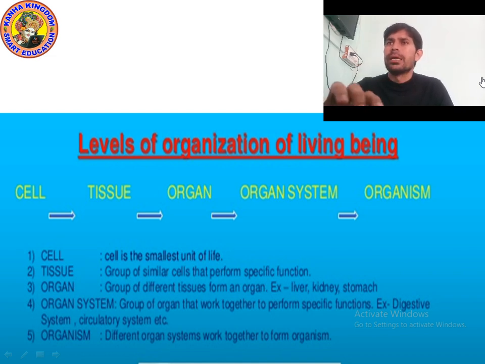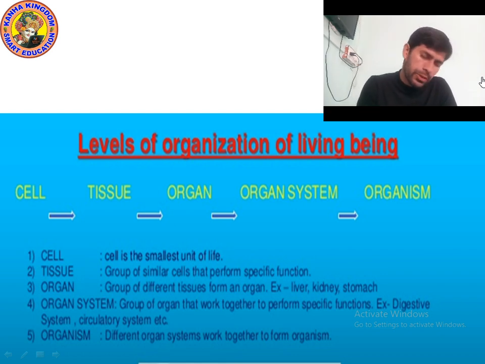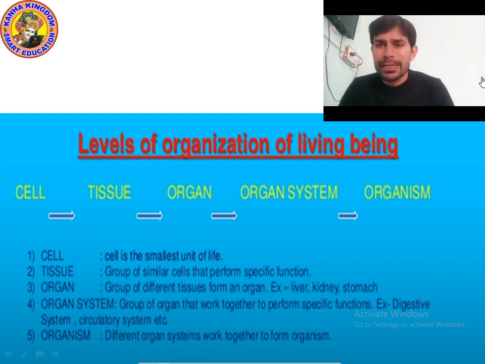As you can see on the screen, first is cell. Maybe you cannot see clearly, but they are small topics, so you can easily learn them.